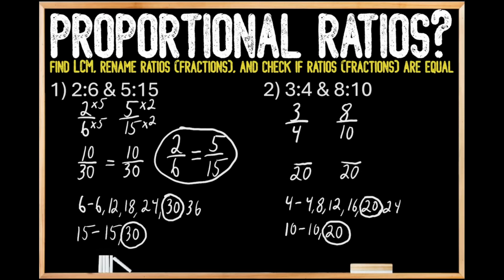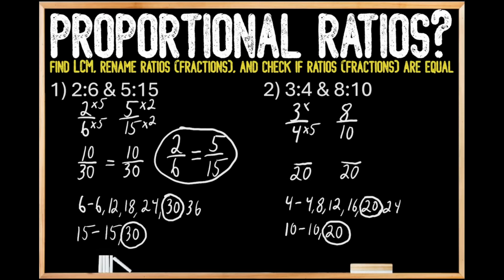Now we need to make sure that we keep these ratios, or fractions, equivalent by doing the same thing up top that we did to the bottom. For 4, we had to multiply 4 times 5 to get the bottom term of 20. So we need to do the same thing to our term up top.